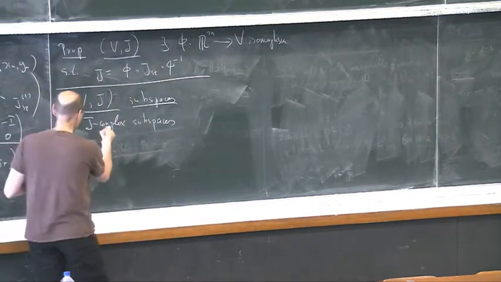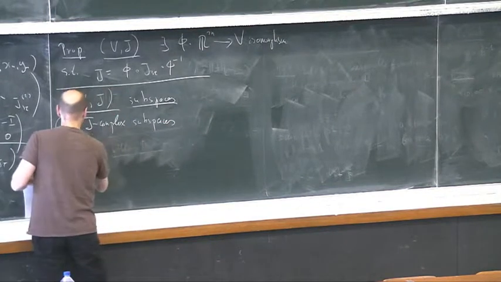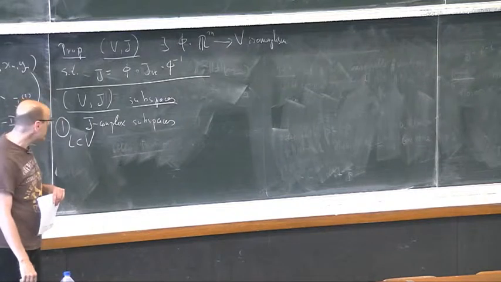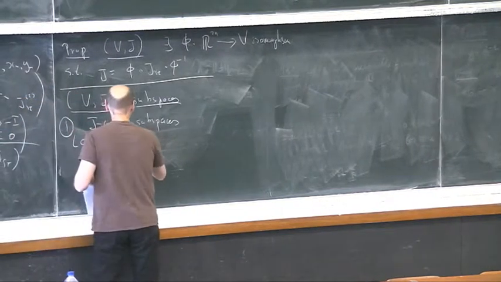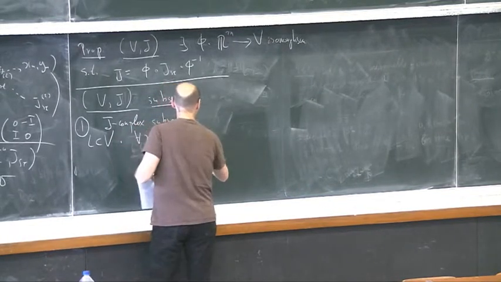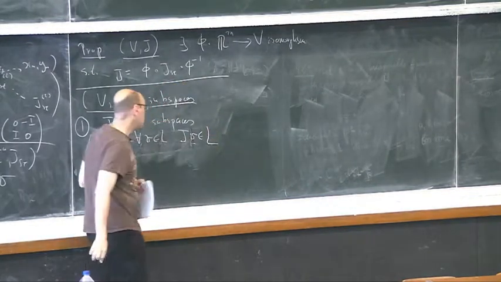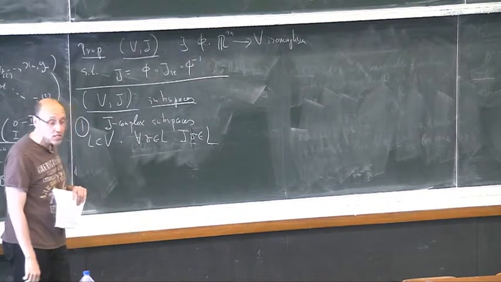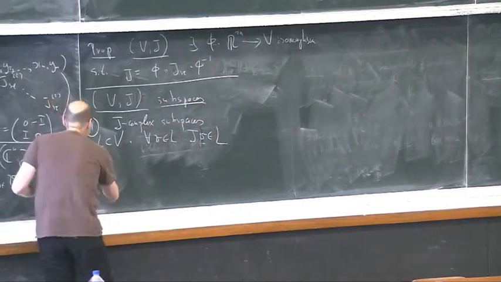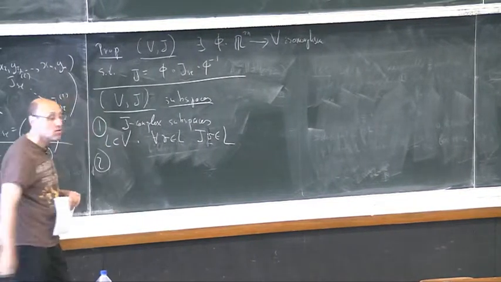So a subspace L of V, a real subspace of V, is called J-complex if for every vector v of L, Jv again belongs to L. In other words, if L is invariant under the action of the complex structure. This is the first important class of subspaces.